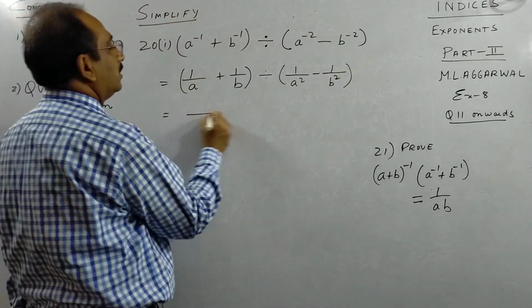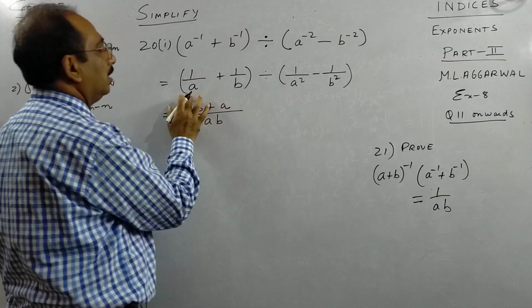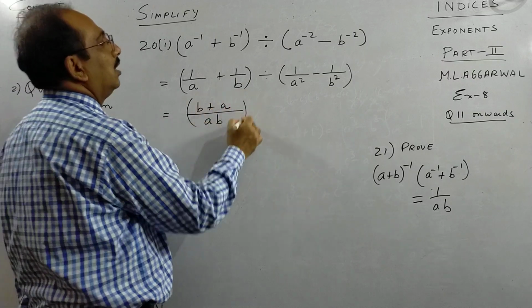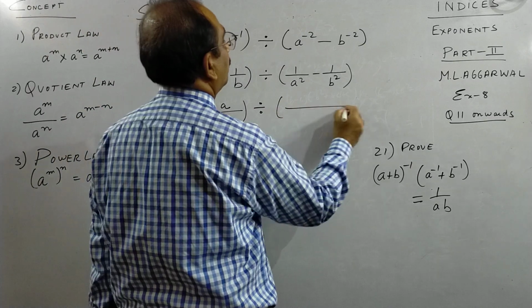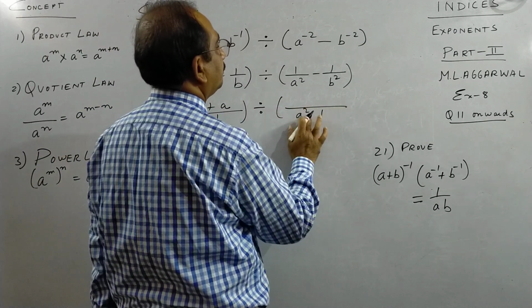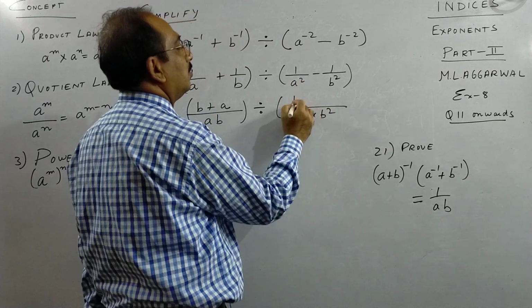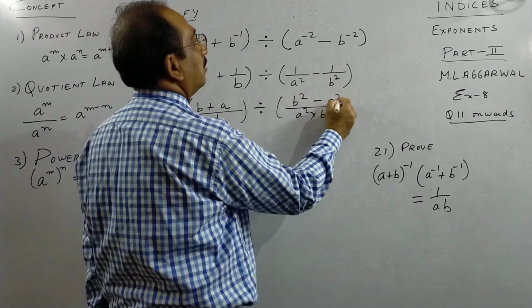If you take LCM, children, it will be ab, b plus a, since b will go a times, and this is division, remember, not minus. For the denominator, if you take LCM, it will be a square b square: a square will go b square times, minus b square will go a square times.